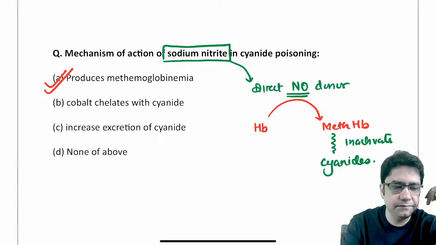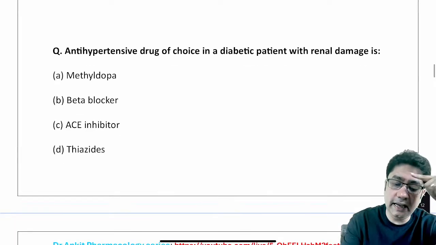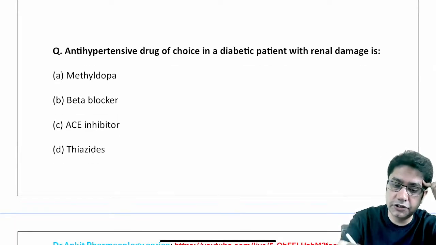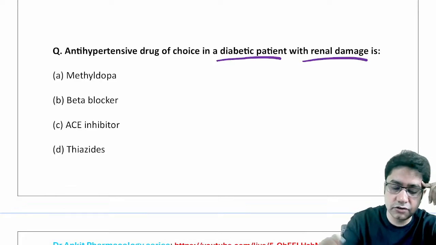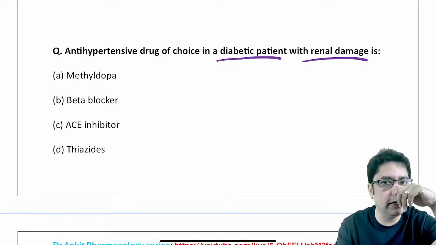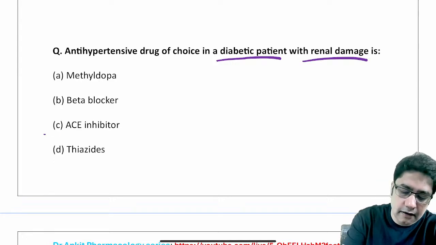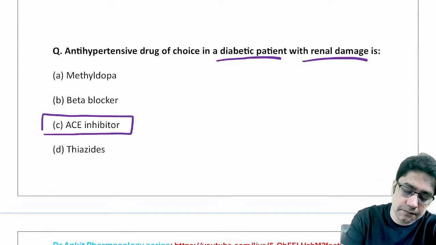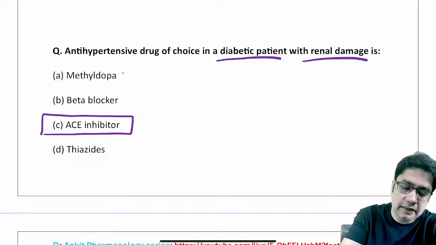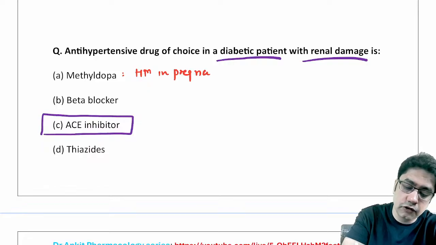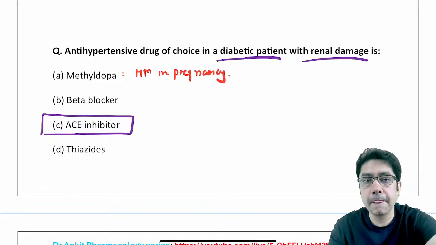Simple and easy. So antihypertensive of choice in a patient of diabetes with renal damage. So can you tell me the answer? We have already discussed in great detail. That is ACE inhibitors. Okay. Methyldopa is given for hypertension in pregnancy, but now the drug of choice has become labetalol.